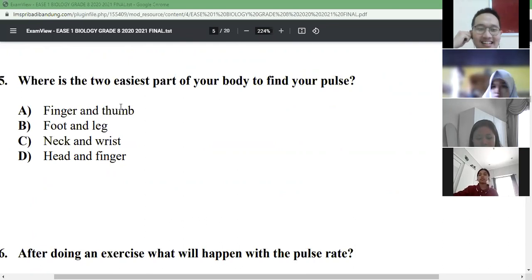No. Foot and leg? No. Head and finger? Oh God, I got a headache. Can be, yeah. But finger? No, you cannot feel someone's pulse through the finger. Maybe you can feel. Can be? No, yeah. Okay.